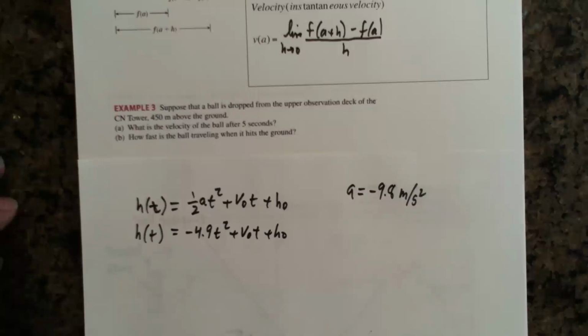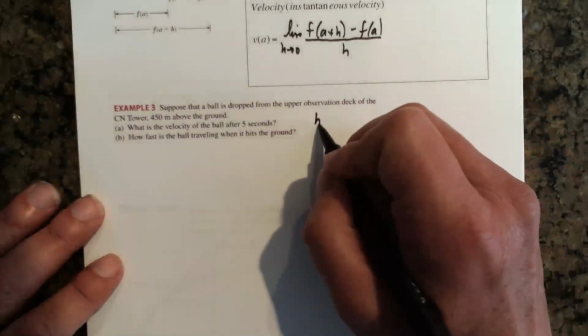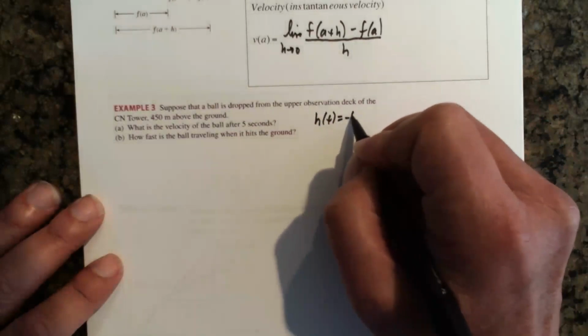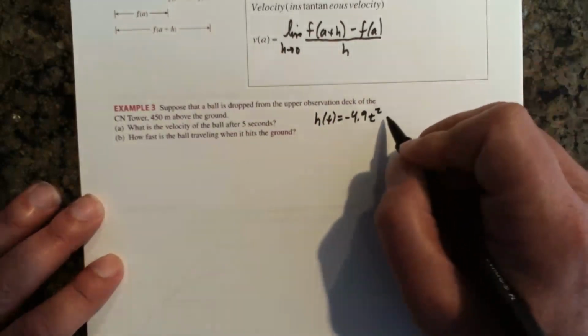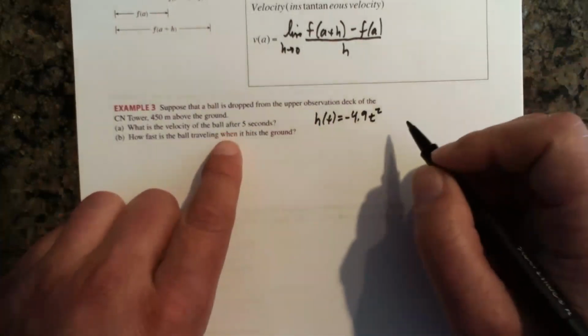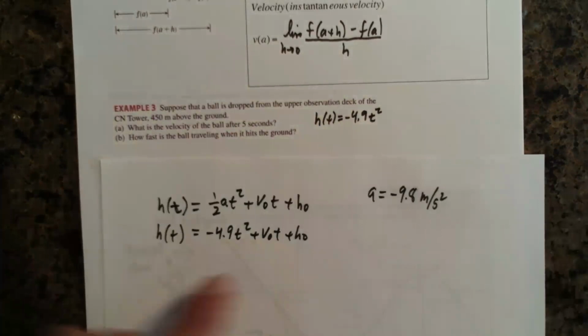So what we're going to have to do is the difference quotient to find this. So h of t is negative 4.9 t squared. Now, in this case, v naught is 0 because the ball is dropped.